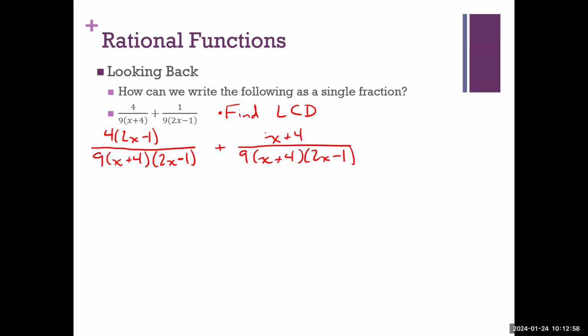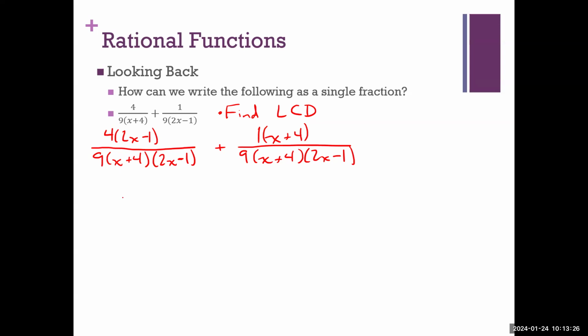Yeah, so there was a 1 there. So 1 times x plus 4. But now they have a common denominator, right? What does that common denominator allow me to do from here? Okay, I can combine. How's the combination going to look?